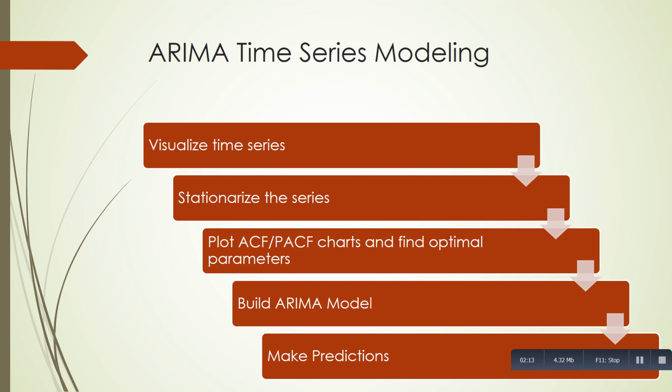That will tell you the I quotient. For example, if the entire series is differenced once, and from the ACF and PACF charts I understand that the model is AR1, then the entire model becomes (1,1,0). Then on those optimal parameters we go ahead and build the ARIMA model and make predictions.